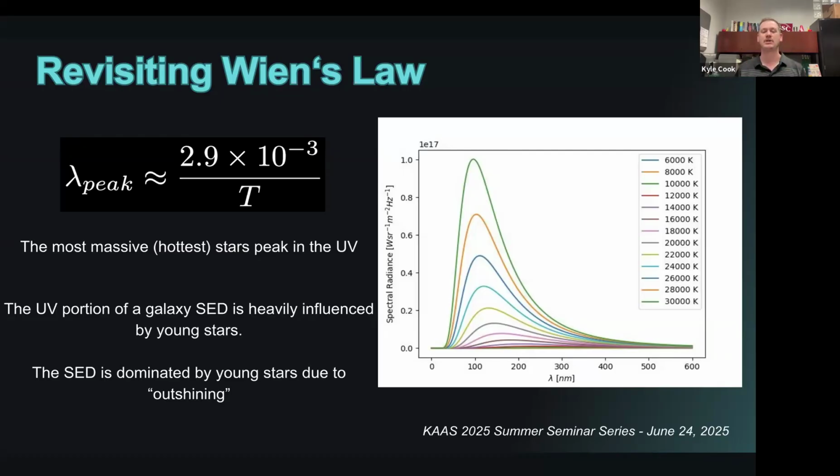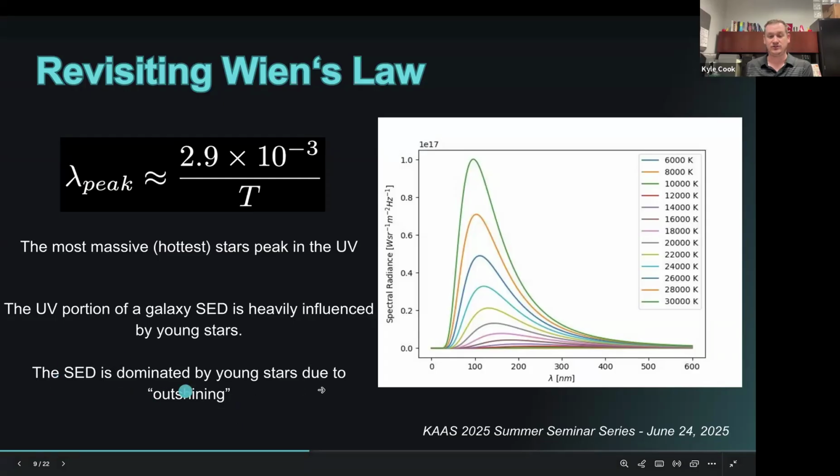We just get completely blindsided by the massive stars. So it actually makes our modeling much more difficult, this idea of outshining. But the UV in particular is dominated by those young, heavy, massive stars, to the point of almost exclusion of our low mass stars.